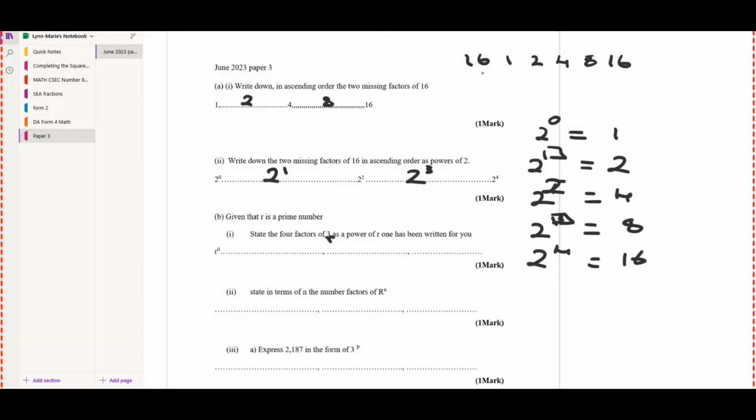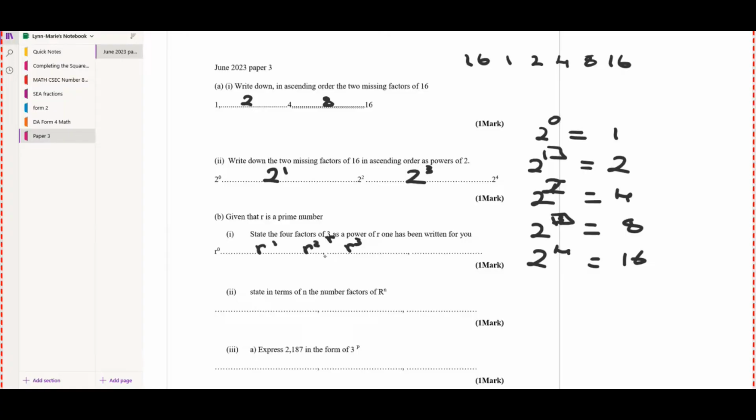How many factors did 16 have? 1, 2, 3, 4, 5. How many powers? 1, 2, 3, 4, 5. We see that they are increasing. So it is r to the power of 1, r to the power of 2, and r to the power of 3. So these would be it.